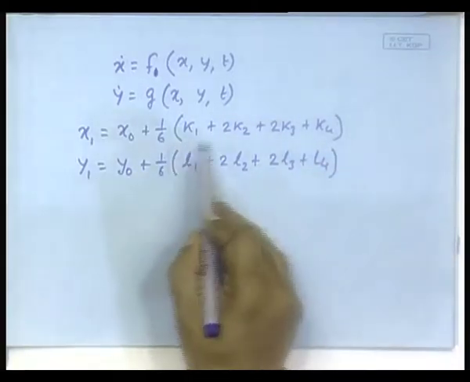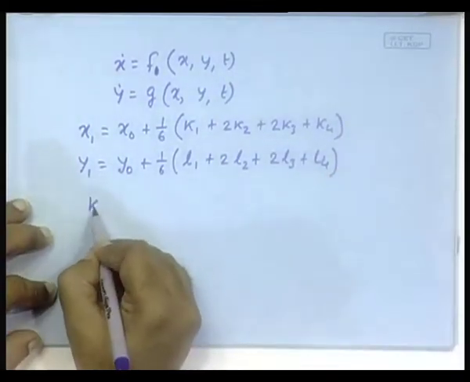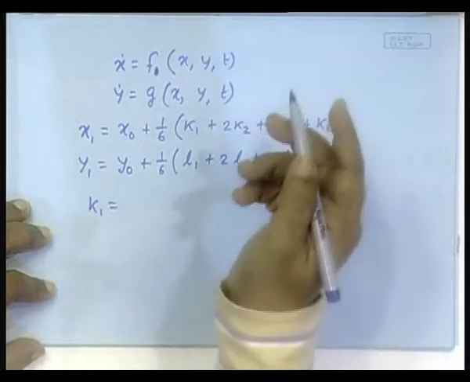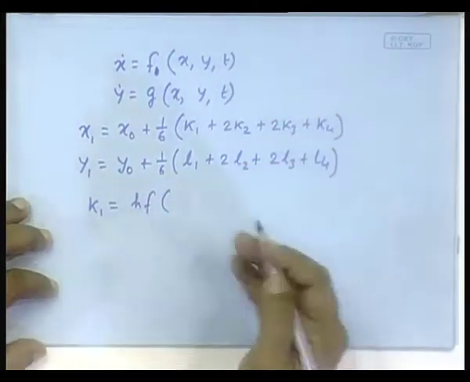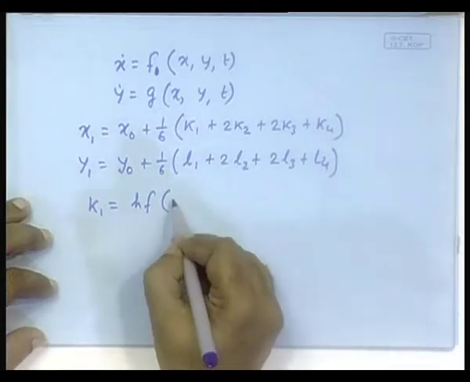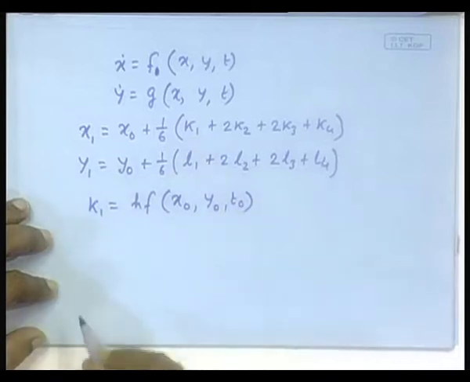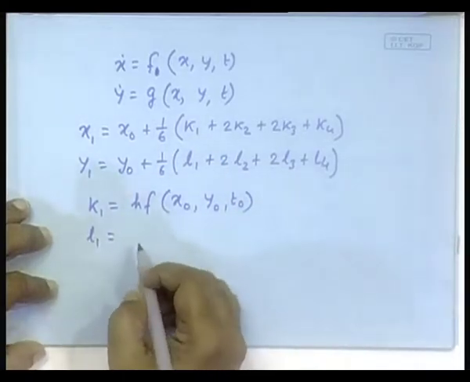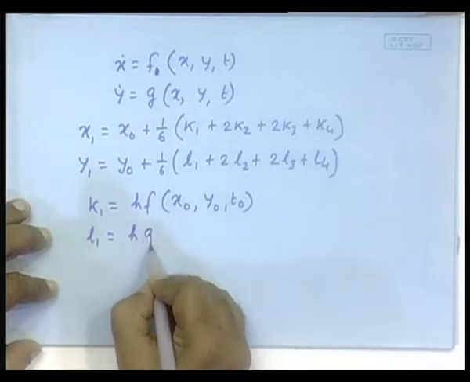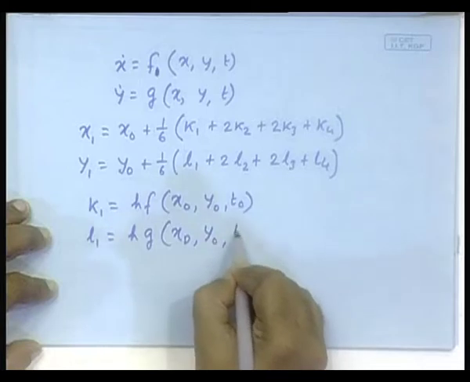Okay. And these will have to be calculated exactly the same way. For example, K 1 will be h f. Now, the only thing is that it has to be calculated at x naught, y naught and t naught. L 1 is h g of x naught, y naught, t naught.